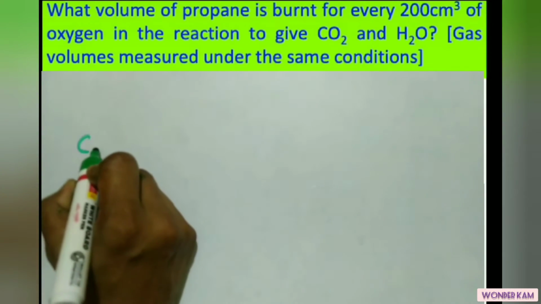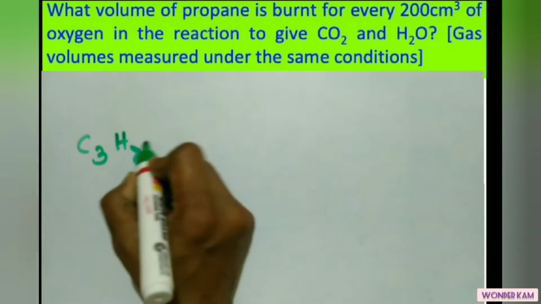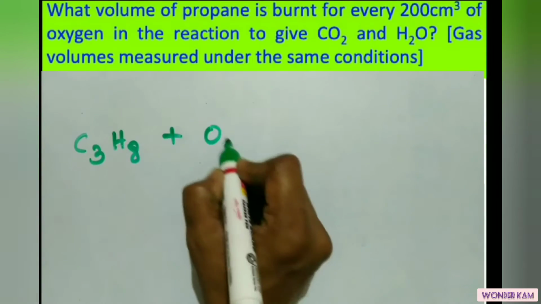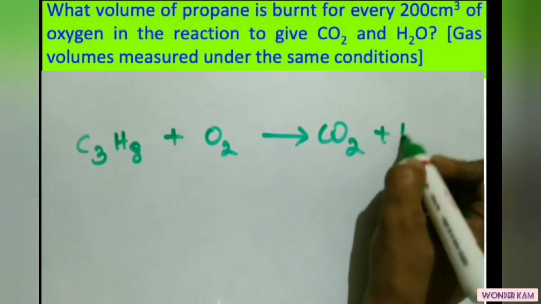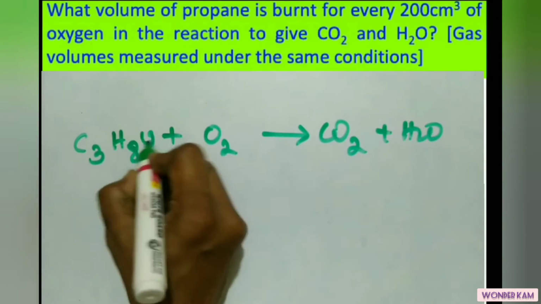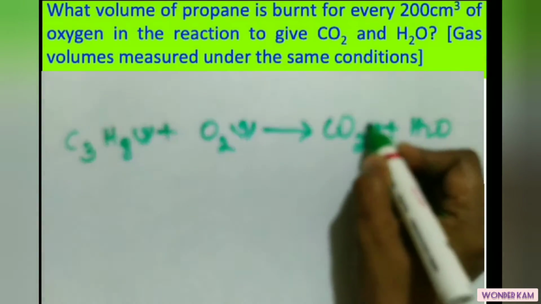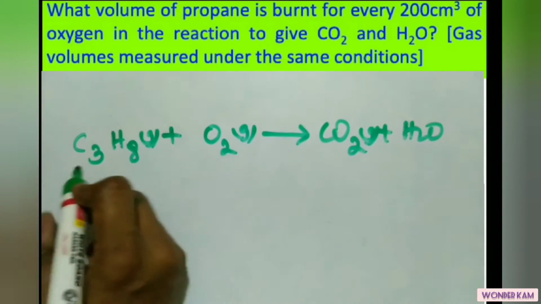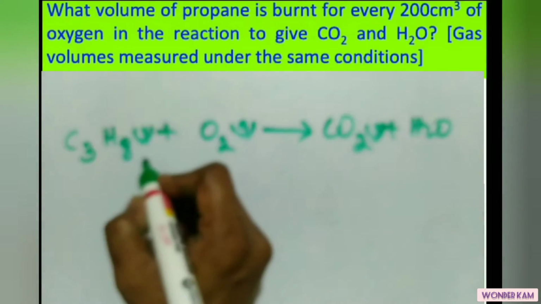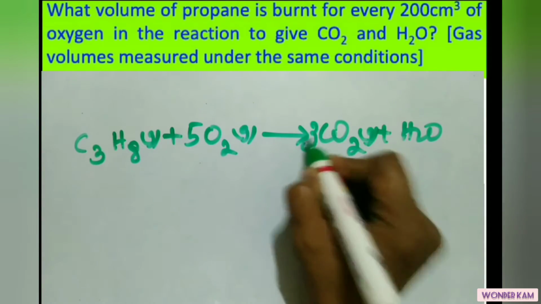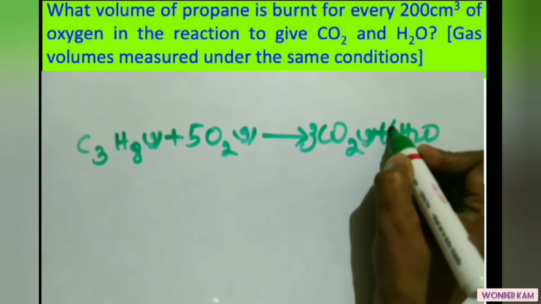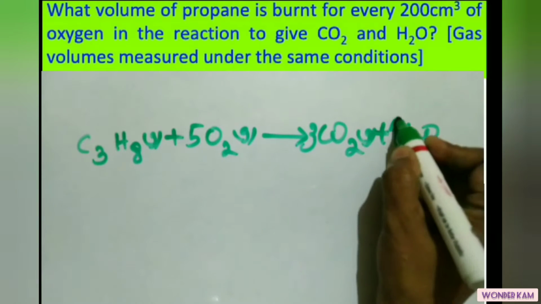So I will write propane, and it will react with oxygen to give carbon dioxide and water vapor. All are gaseous. We need the carbon dioxide volume here, so first we need to balance this one. So 3, and this would be 4.